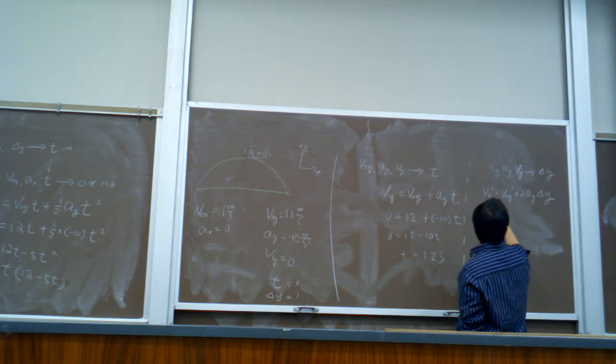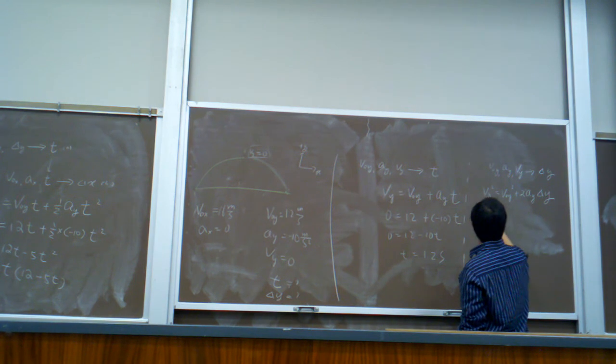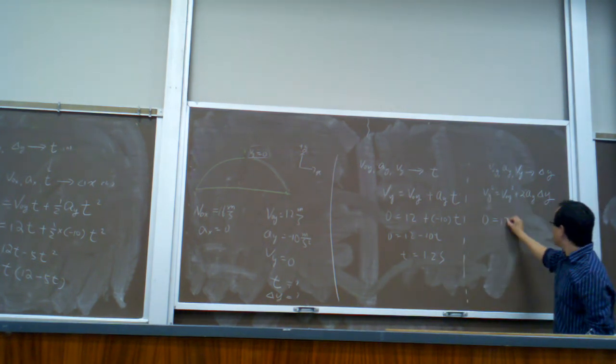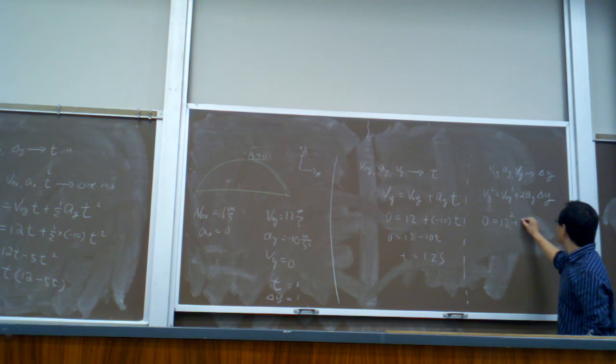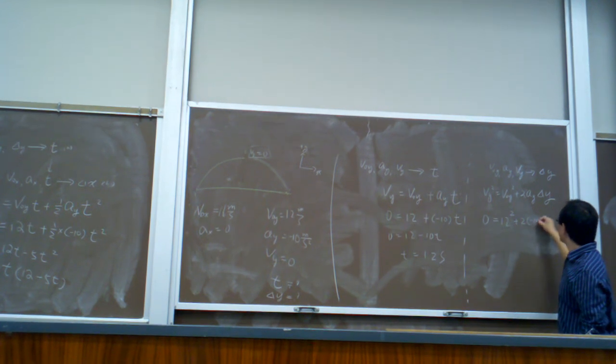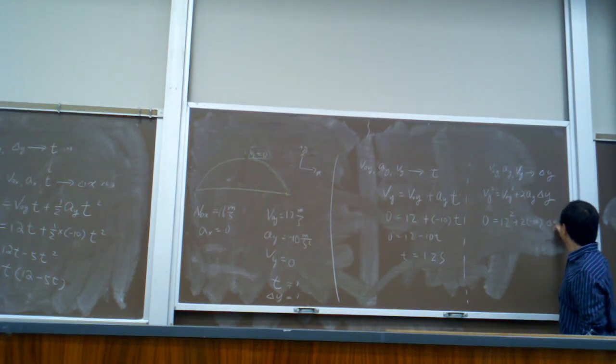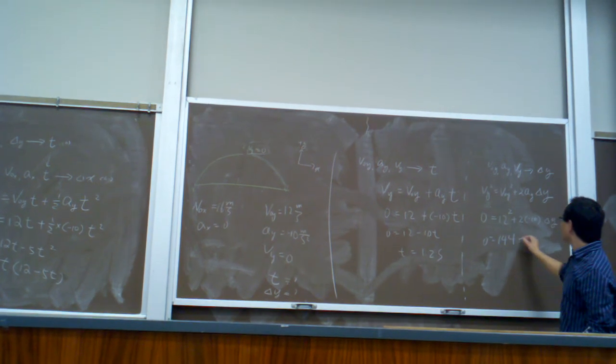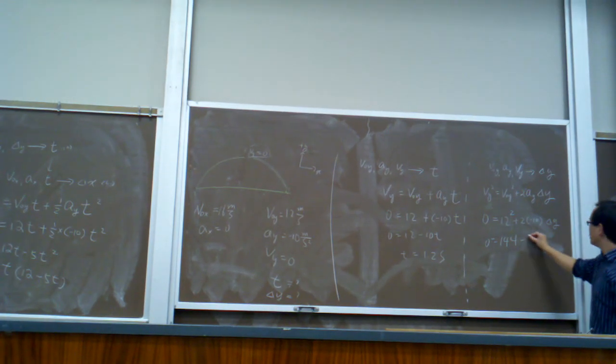So vy is 0, so 0 squared equals v naught y, 12 squared, plus 2 times negative 10 delta y. So 0 equals 144 minus 20 delta y.